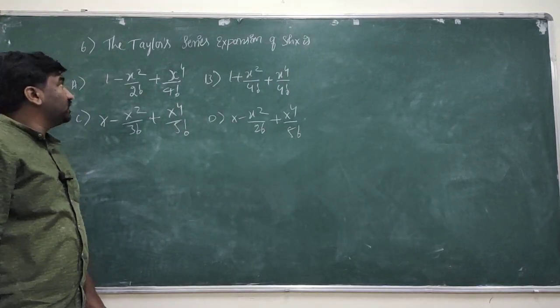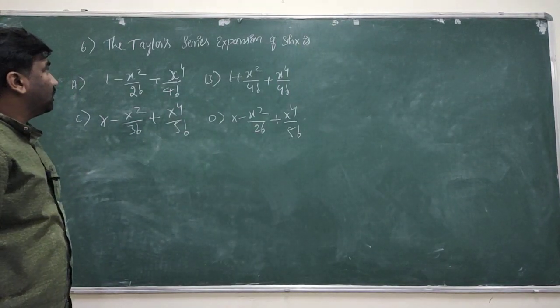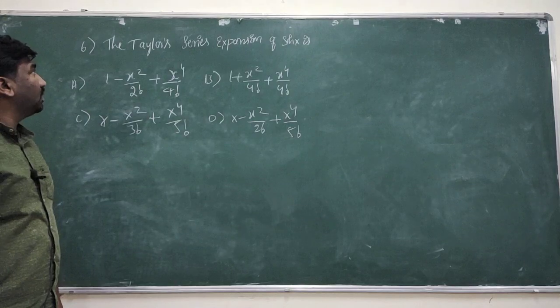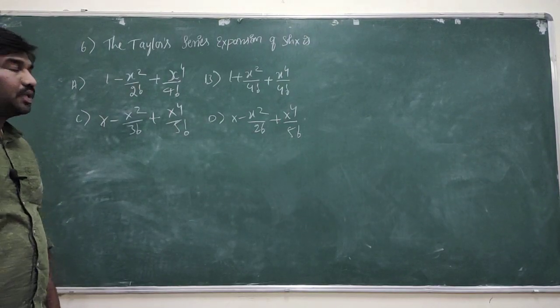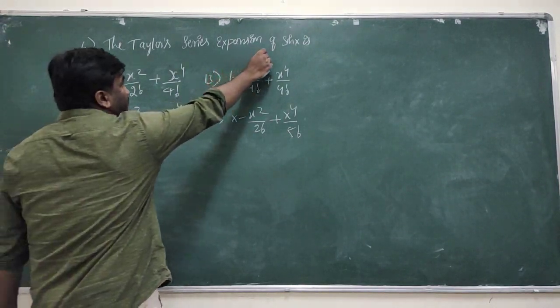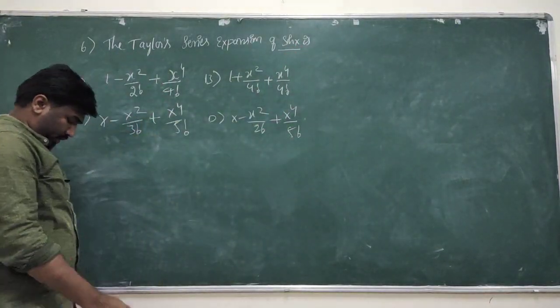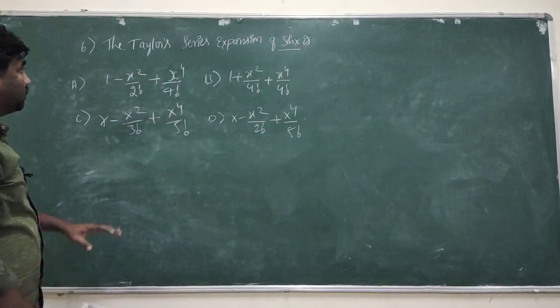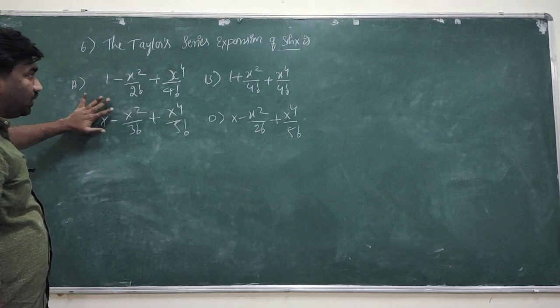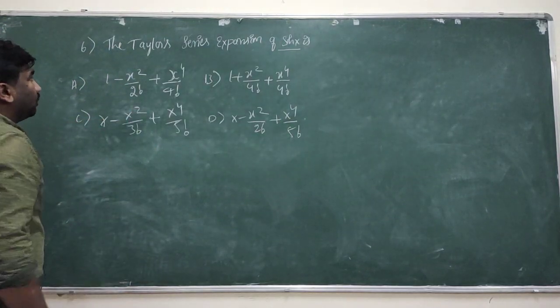So this is question number 6. Question number 6 is framed from the Taylor series expansion. So we have to calculate the Taylor series expansion of sin x. These are the given options for this. So let's see which one is correct.